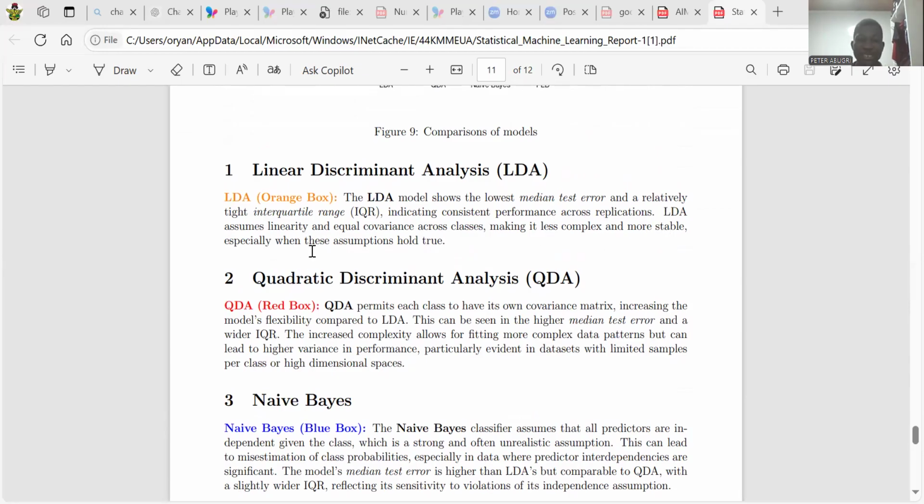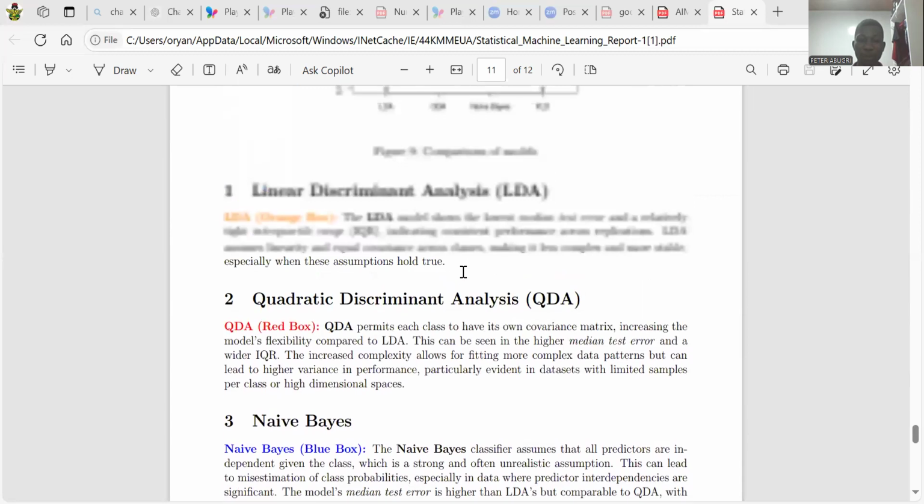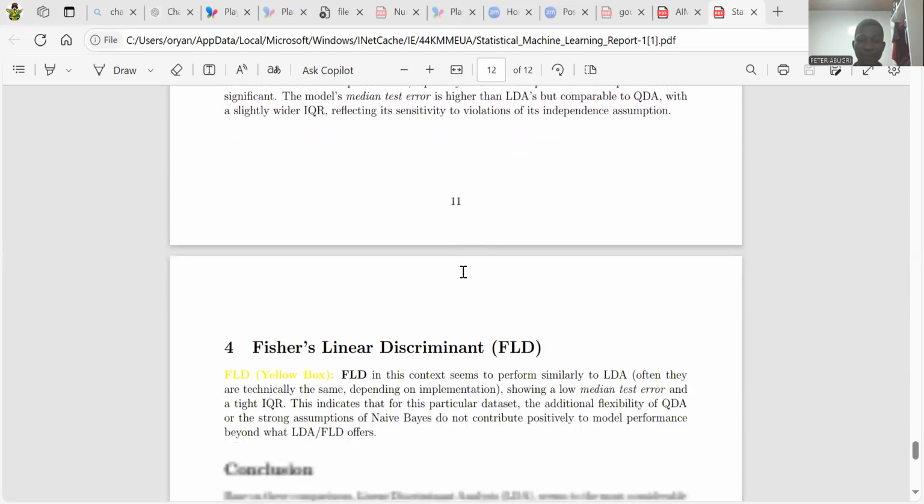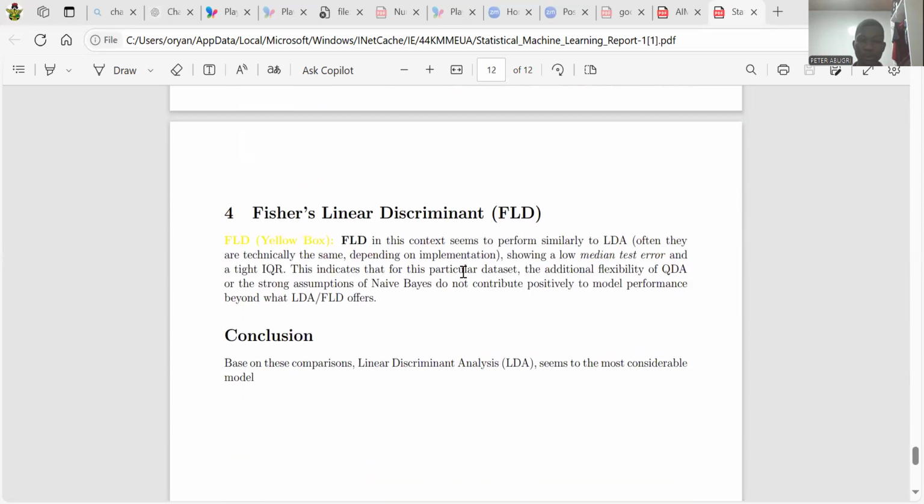LDA assumes linearity and equal variance across classes, making it less complex and more stable, especially when these assumptions hold. So after comparing all these, the LDA model was the right one to be considered.